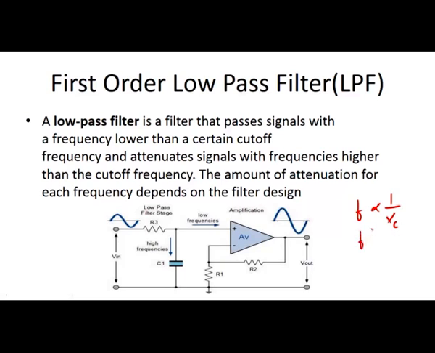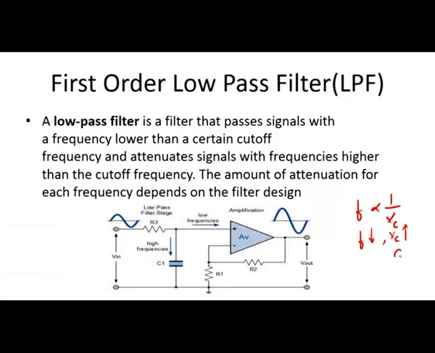So, if the frequency is low, then Xc will be very high. If this reactance is very high, then the capacitor in the loop will act as an open circuit. So, C will be an open circuit.